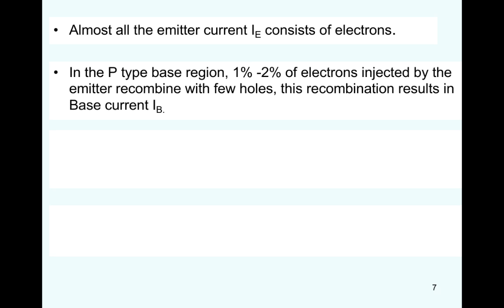In the P type base region, 1 to 2% of the electrons injected by the emitter recombine with a few holes in the base. This recombination results in base current IB.